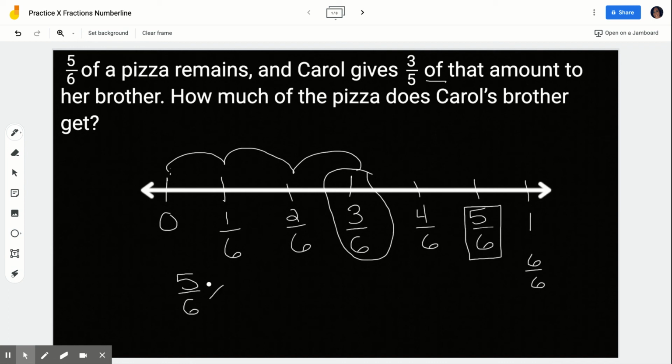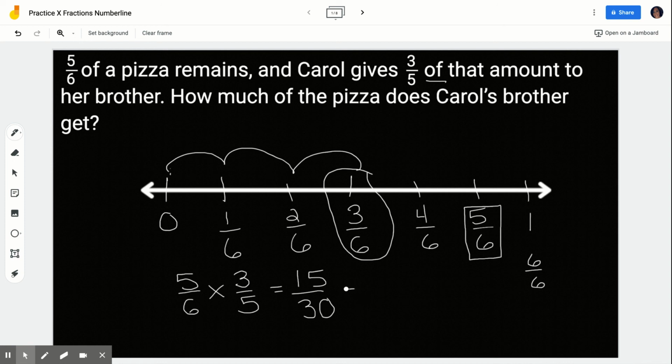So we have 5/6 times 3/5, because whenever we're figuring out a part of a part or a piece of a piece, we use multiplication. So here we have 5 times 3 is 15, and 6 times 5 is 30. So we get 15/30ths, which is definitely not in simplest form.